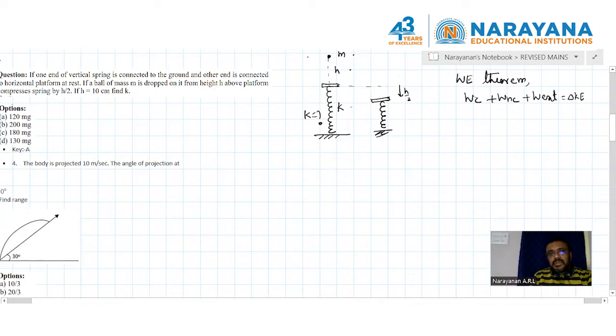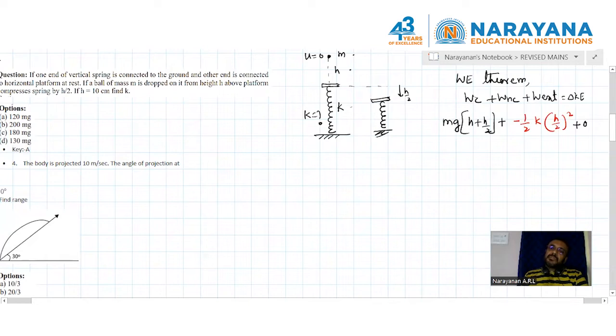Since this has been released from rest, work done by conservative force will be mg(h plus h by 2) plus work done by non-conservative force, which is 0, and you have one more conservative force, that is minus half k (h by 2) whole square.